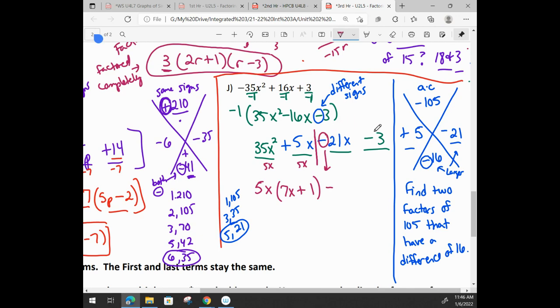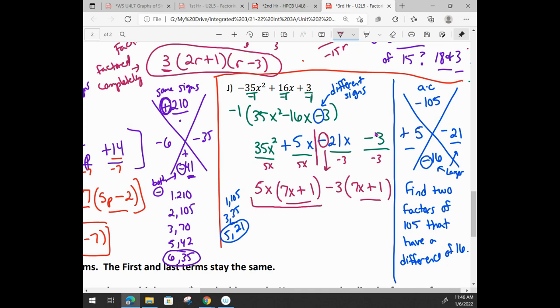Greatest common factor between 21 and 3 is 3. So if I divide both terms by negative 3, I'll get 7x plus 1 again to match this binomial here. So if they don't match, you made a mistake, or it's possible that these things cannot be factored by grouping.